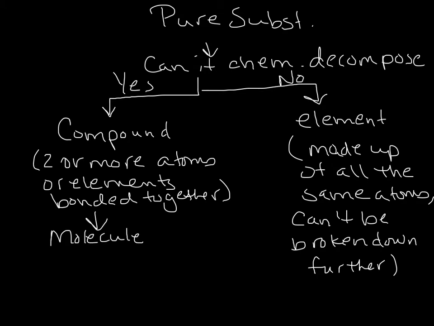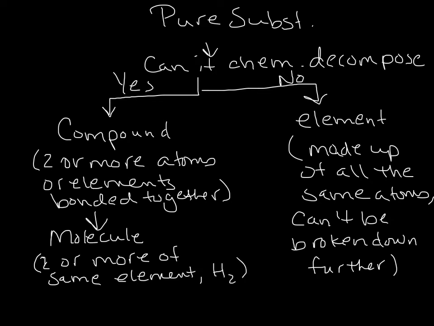The difference between a molecule and a compound is that a molecule is two or more of the same element. For example, H2. We call that a molecule of H2, not the compound H2. An example of a compound would be water, H2O.